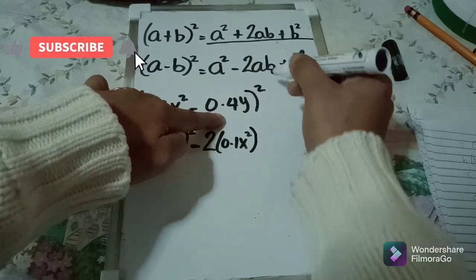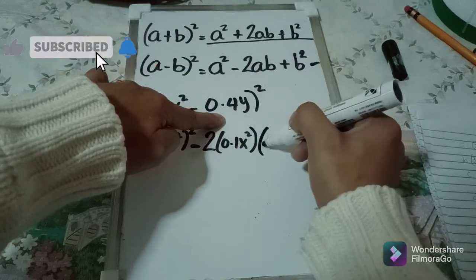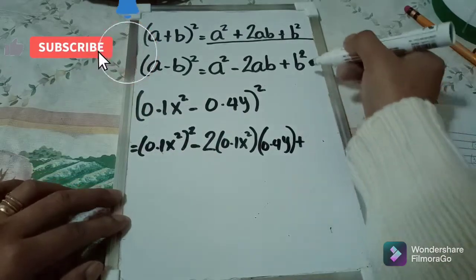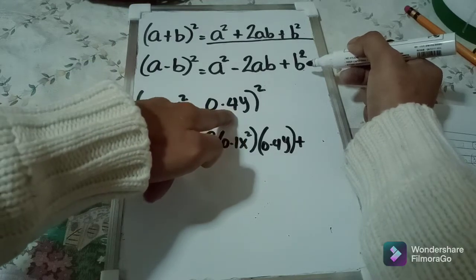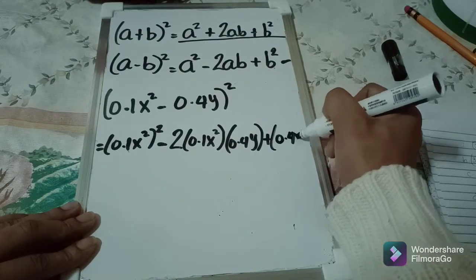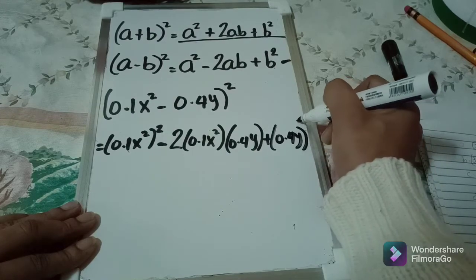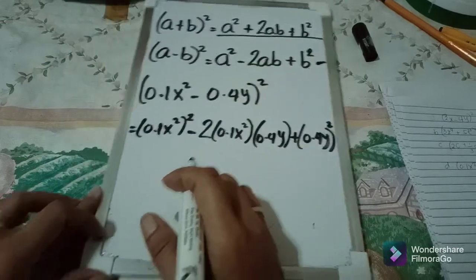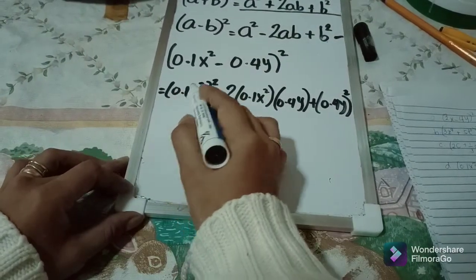Ang b natin, for this one, 0.4 y. Plus b square, ang b natin, ito. Square. Next. Okay, 0.1 square.